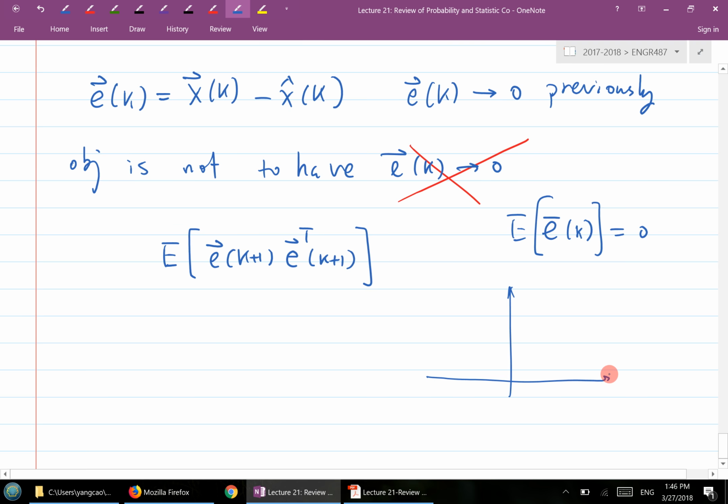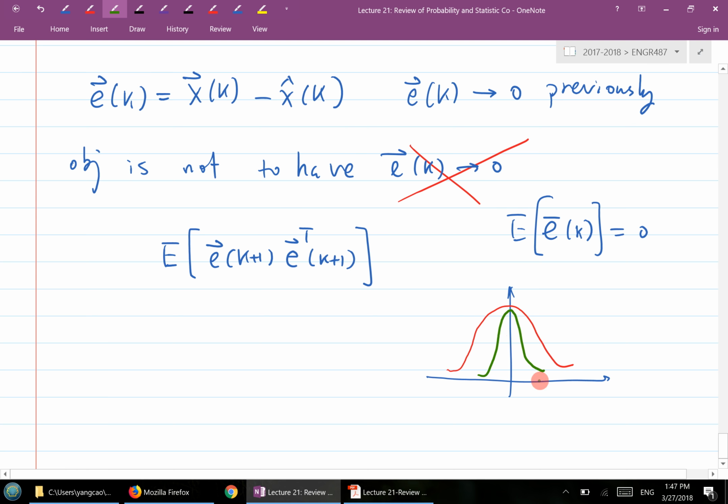Let's say this is a scalar. Maybe with one estimation you end up with an error distribution like this, and the other one is maybe this. Looking at these two, which one is the better estimation?